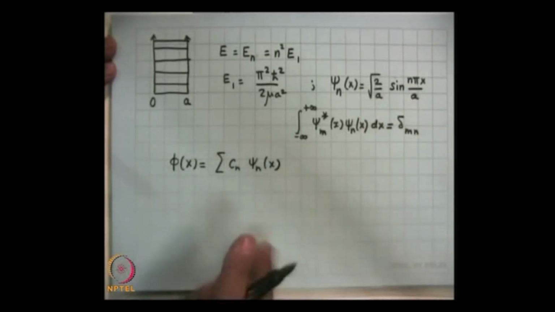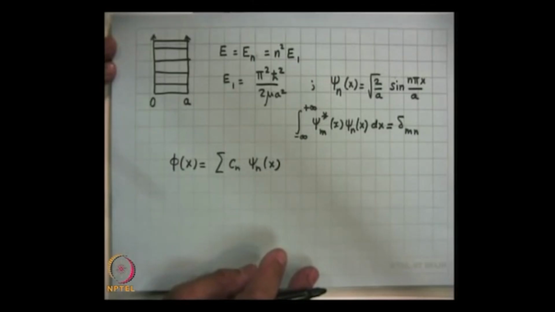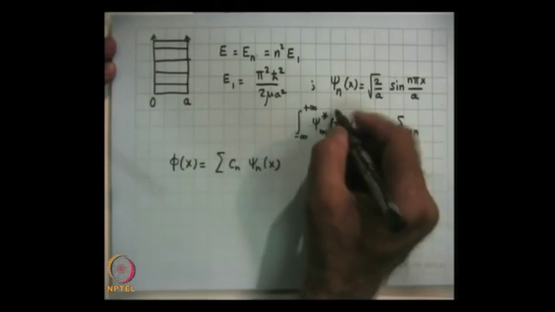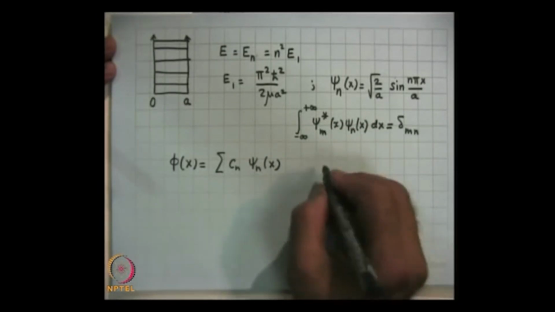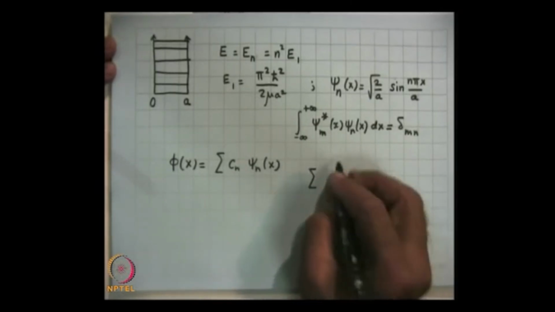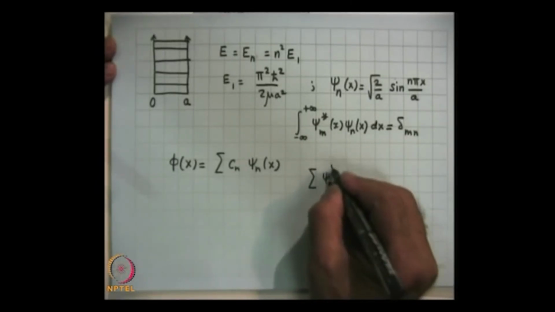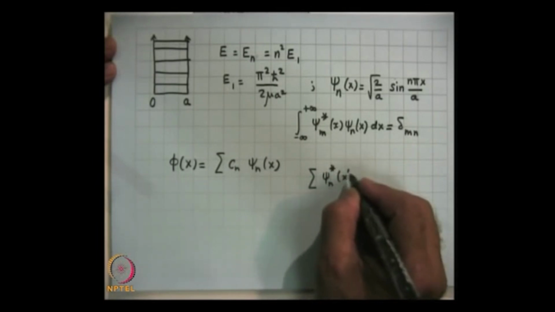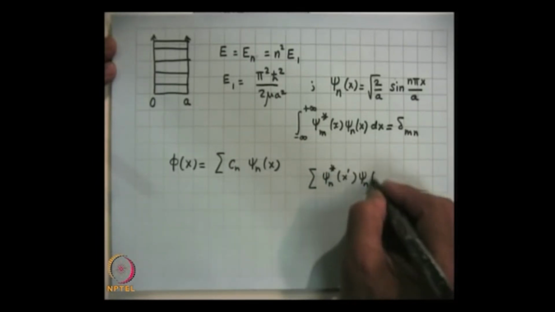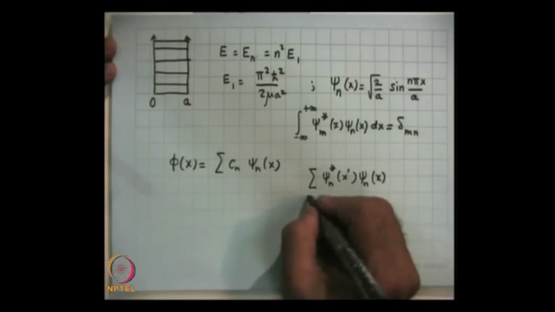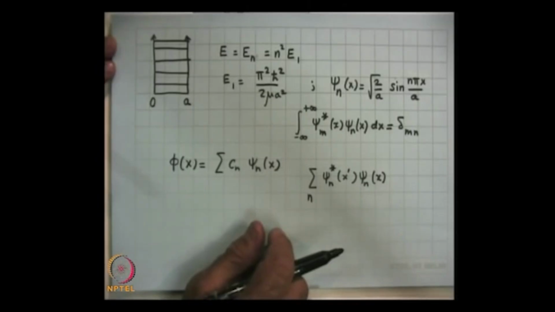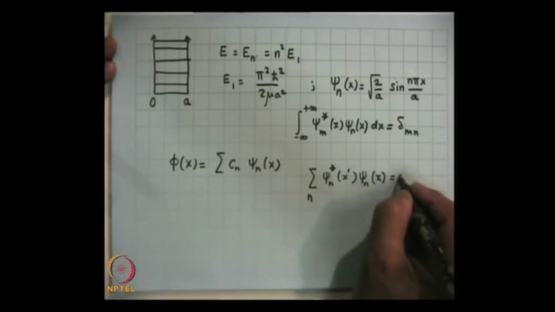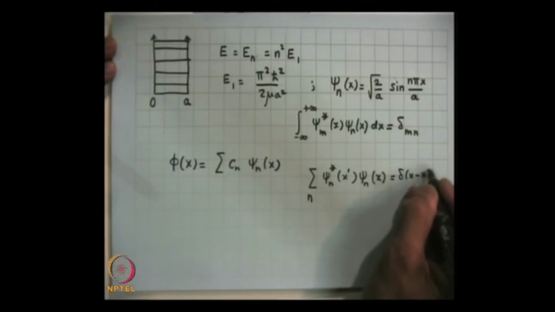So, this is something like the Fourier series that you must have learnt in your college. So, the wave functions also form a complete set of functions, and therefore the sum of psi n star of x prime multiplied by psi n of x, summed over n equal to 1, 2, 3 to infinity, is equal to delta of x minus x prime.